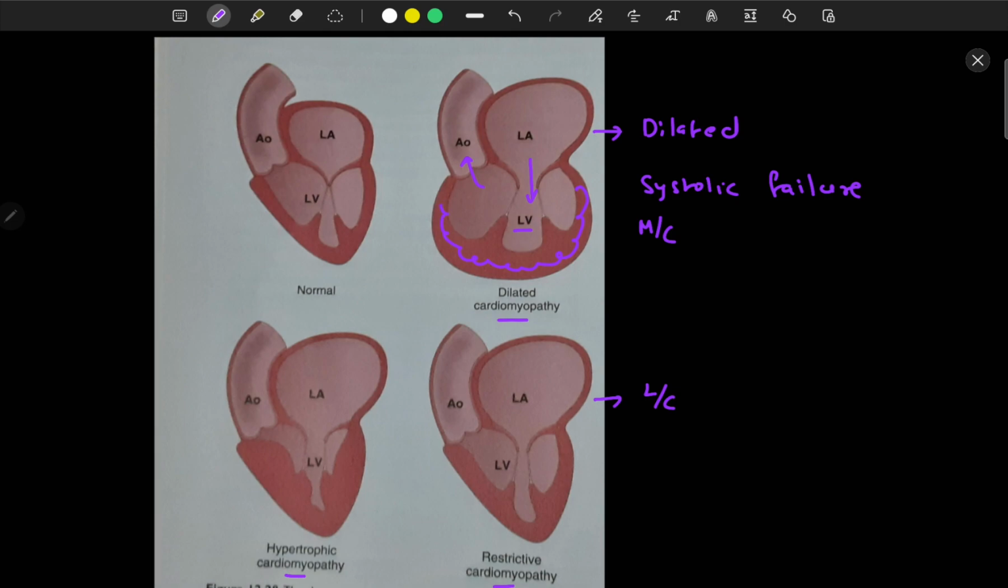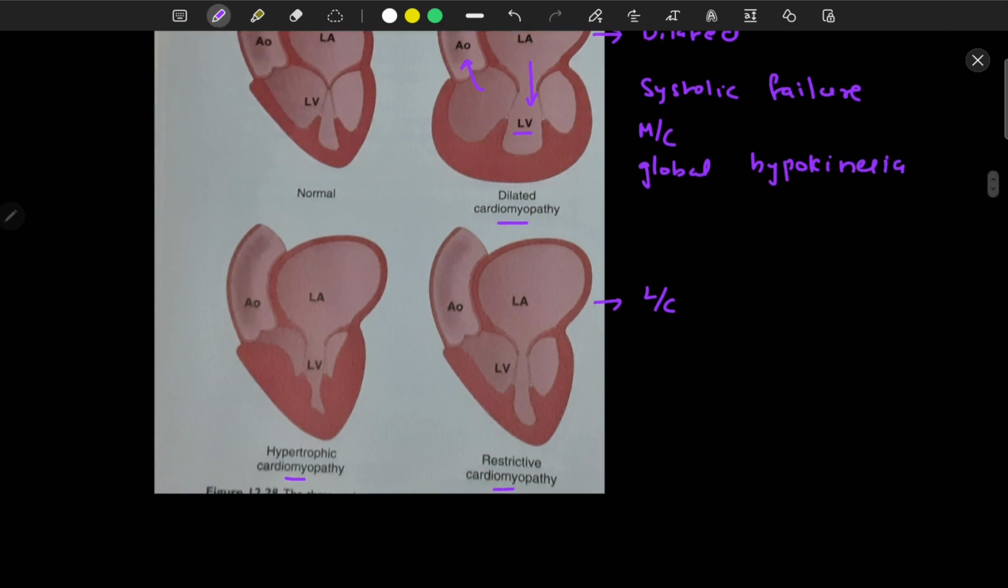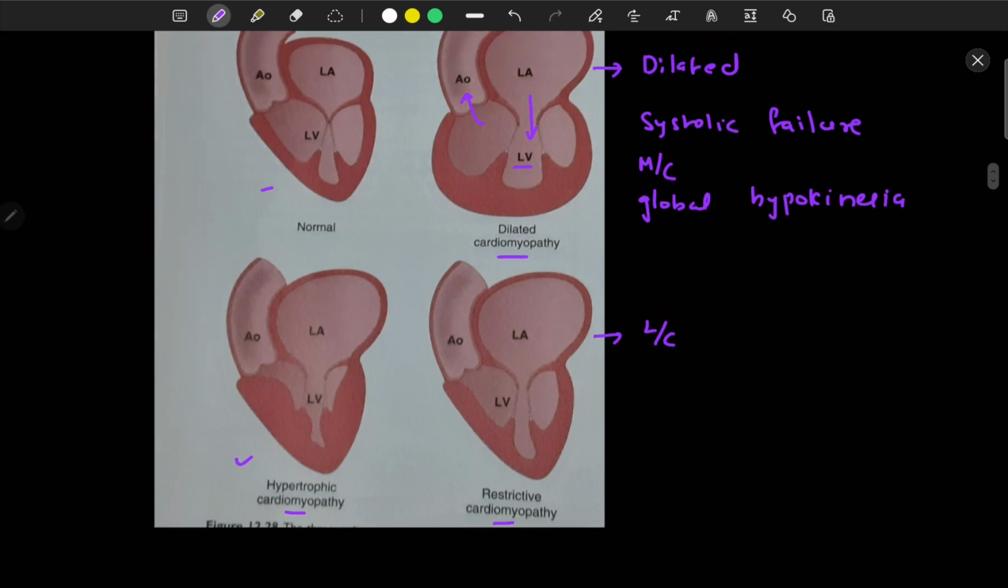Global means it is involving throughout. So there is global hypokinesia.